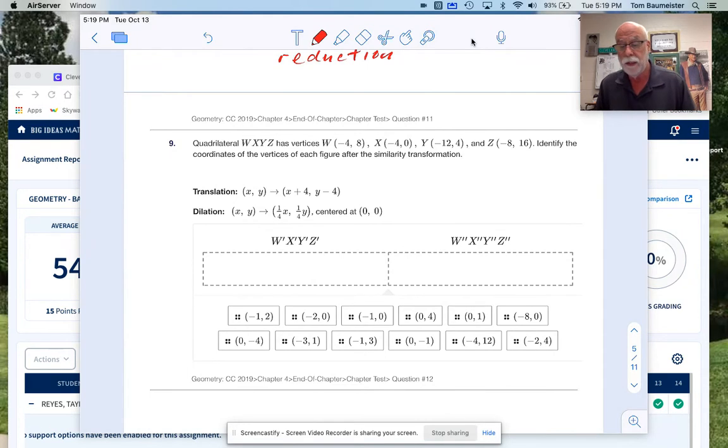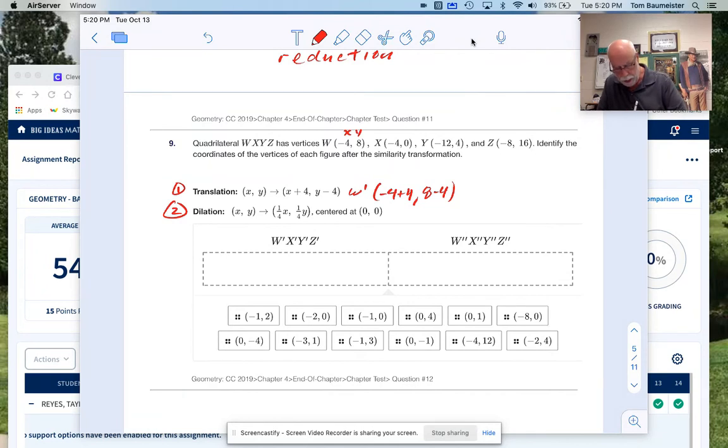So I'm going to do the same thing here like I did with the last one. I'll go ahead and do the first one, and then I'll write in the second ones. All right. So now on this one here, it looks like you're going to drag and drop the whole thing. So on the first one here, I have a W. Again, I'll call this my X and this here my Y. And to get W prime, I'm going to take my -4 plus 4, and I'm going to take my 8 minus 4, because that's my translation.